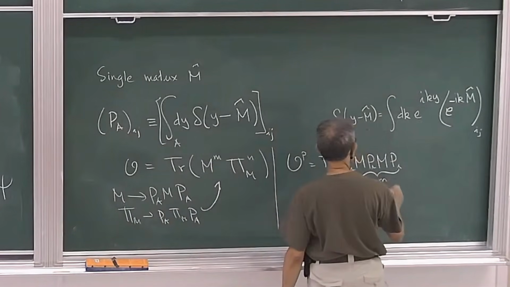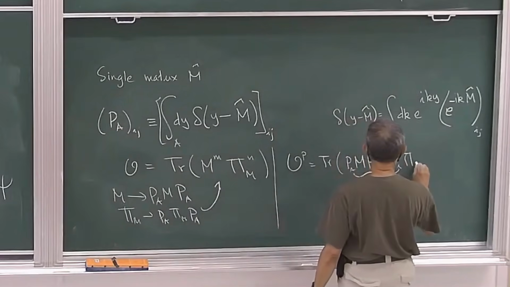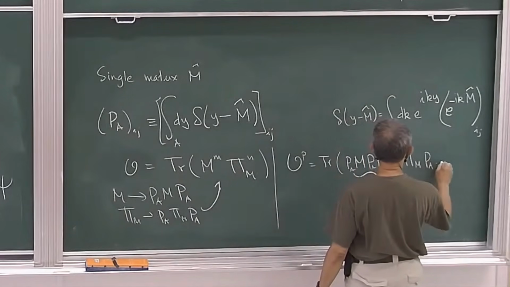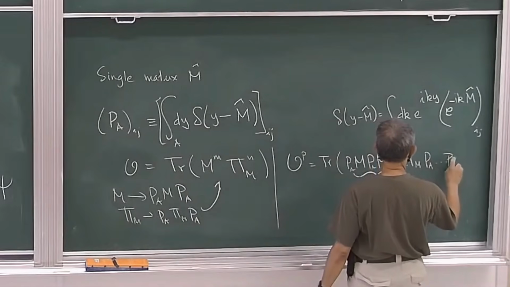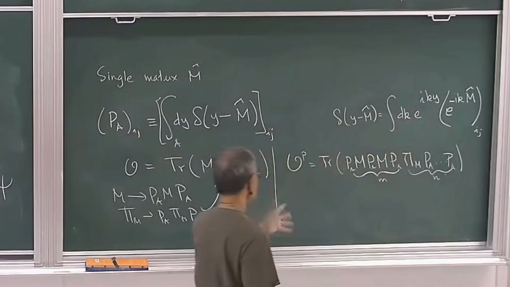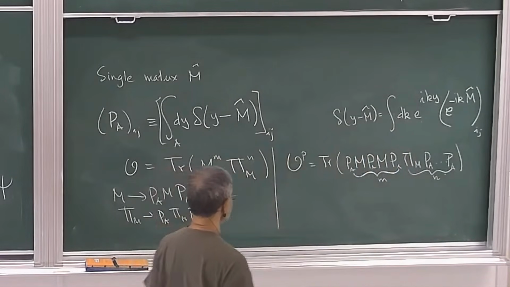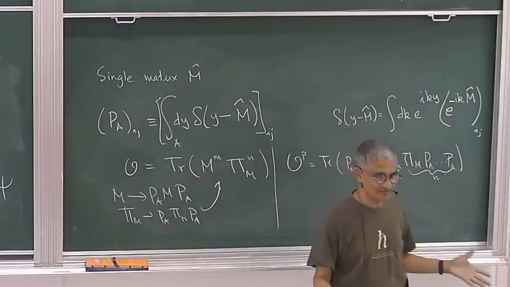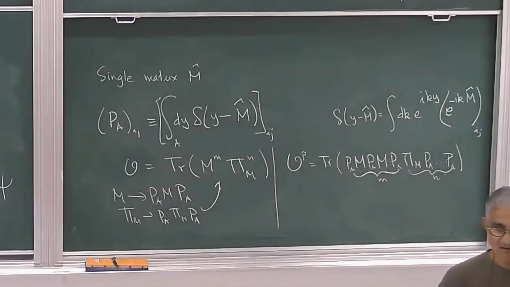M factors, and then N factors. And now we have to take into account the fact that you cannot just pull all the P's out because these are all matrices by themselves. They're matrix valued operators, all of them. Okay.